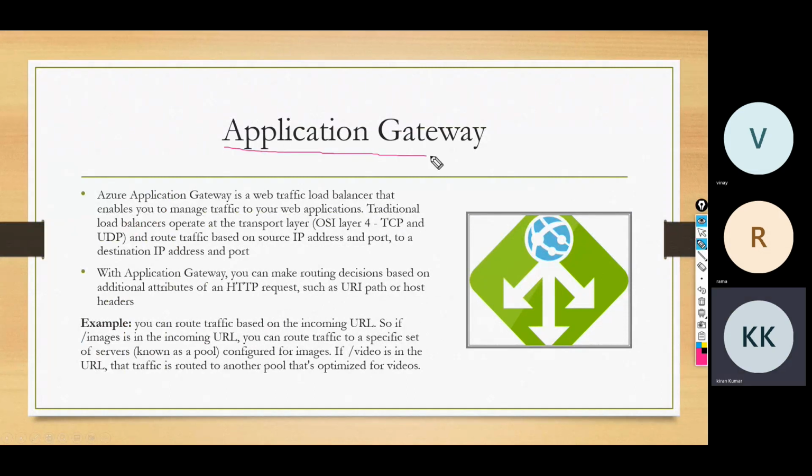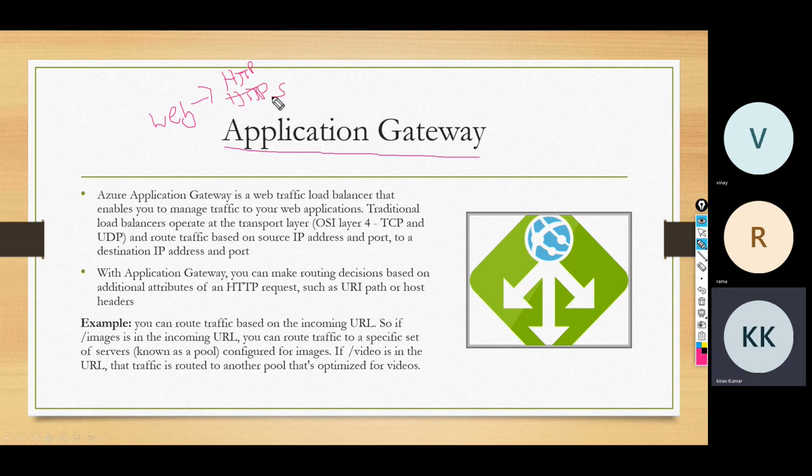The application gateway is especially for web applications. Web applications only, for that we are going to use the application gateway. What is a web application? A web application provides its services via HTTP and HTTPS.